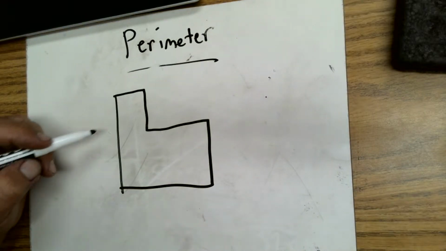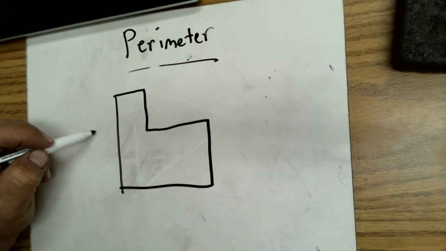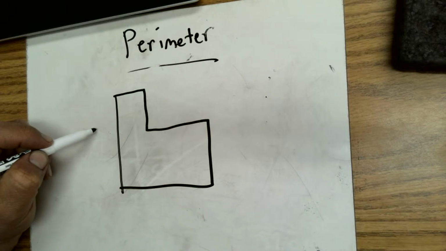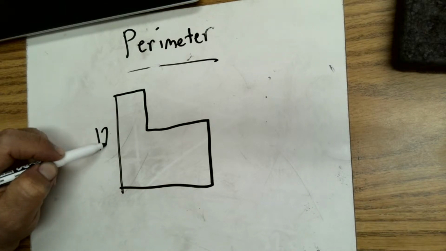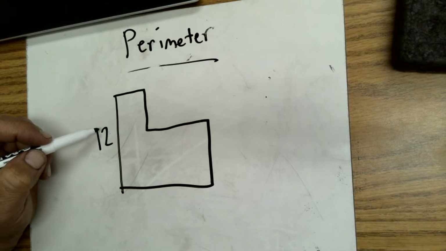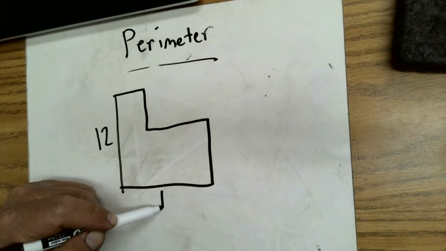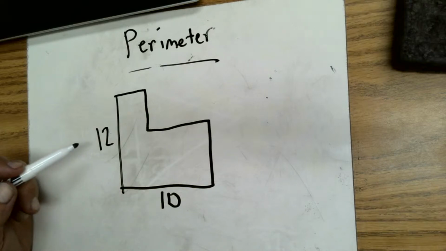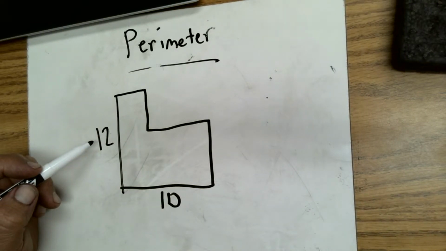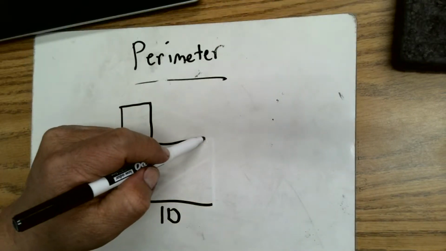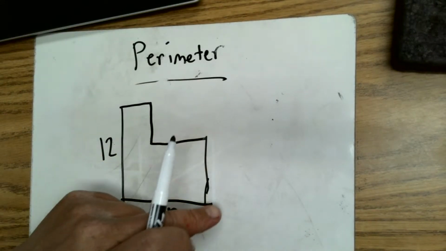Okay, let's say this is 12, and this here is 10. Shorter. This looks like it is shorter.